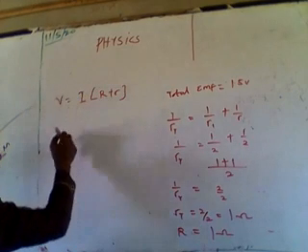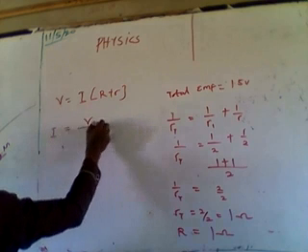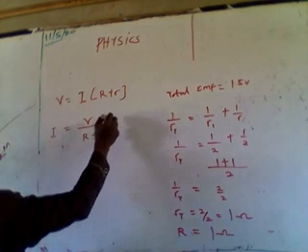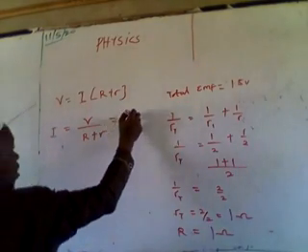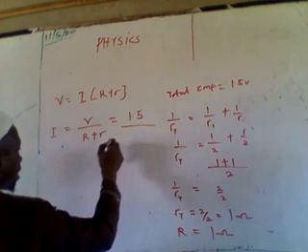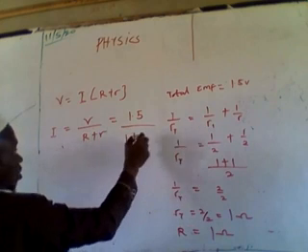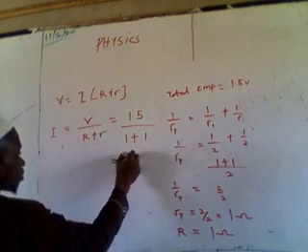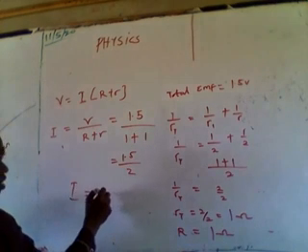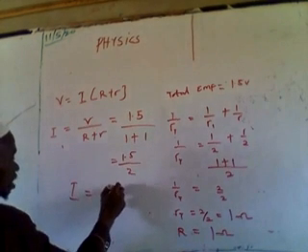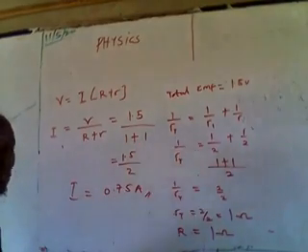Making I the subject of the formula, we have I equals V over R plus r. And our V now, which is the EMF we are getting, 1.5 volts, divided by big R 1 ohm plus small letter r 1 ohm. So that is 1.5 over 2. That means the current we are having here is 0.75 amperes. I think you are following.